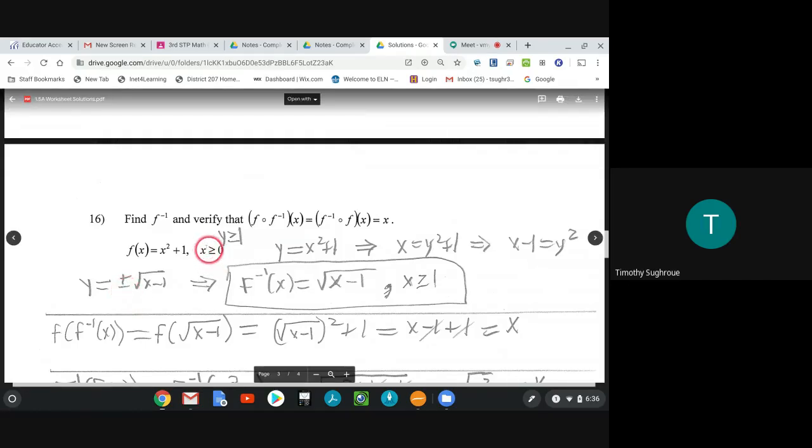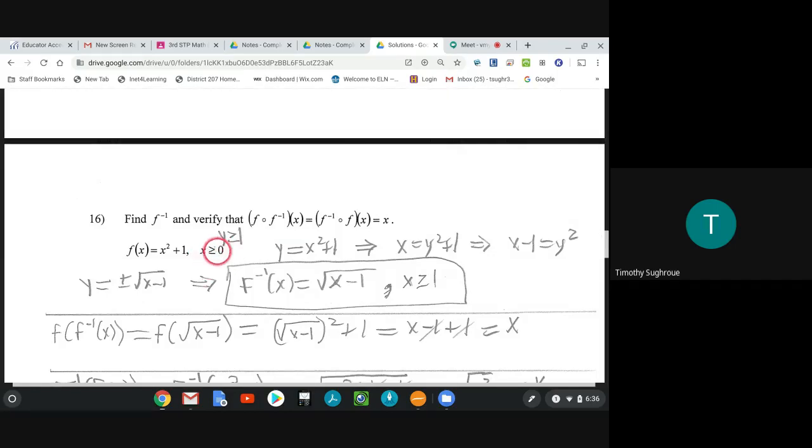Because if x is greater than or equal to 0 is my domain in the original function, then that should be the range in my inverse function. And the range means if the domain here is x is greater than or equal to 0, our range here has to be y is greater than or equal to 0. So we want positive values for y, not the negative values for y.